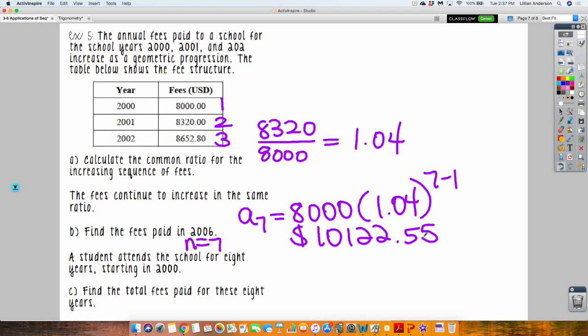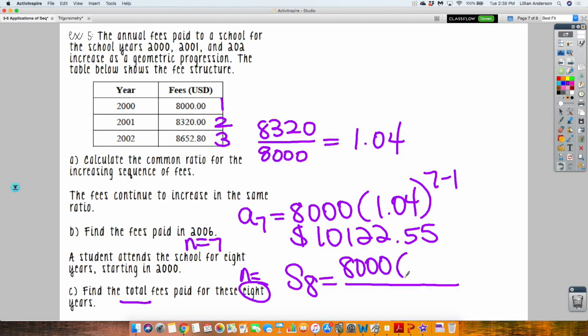$10,122.55. Yes. Next, a student attends the school for 8 years starting in 2000. Find the total fees paid for these 8 years. N is going to be what? 8. And because I'm looking for the total fees, I'm using the what? The sum formula.